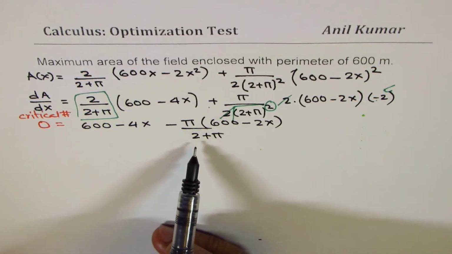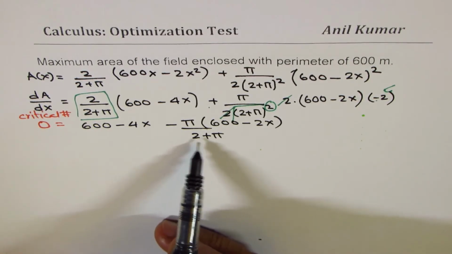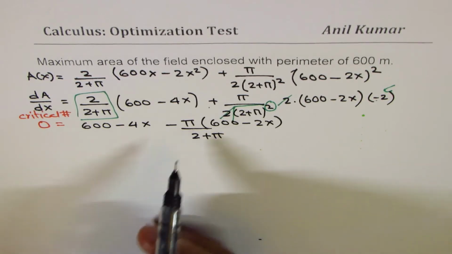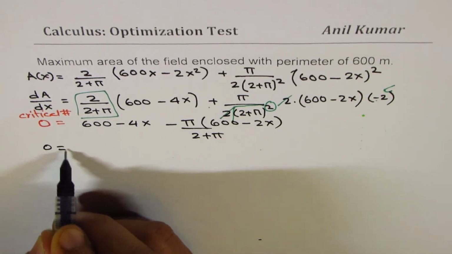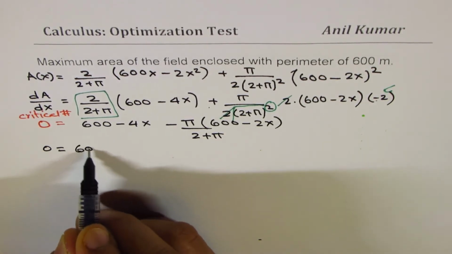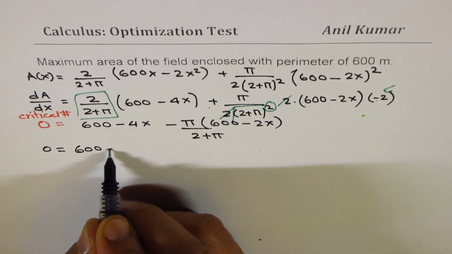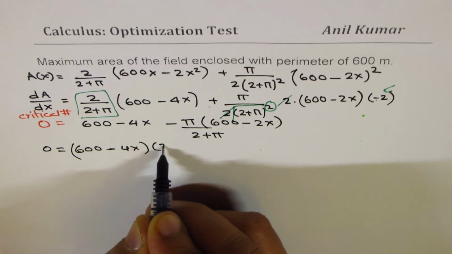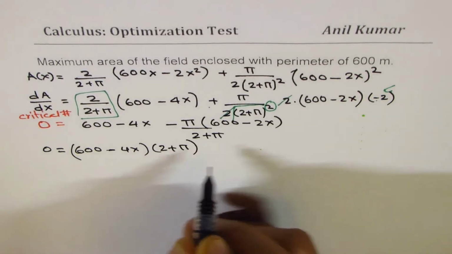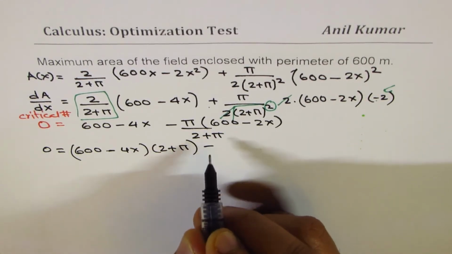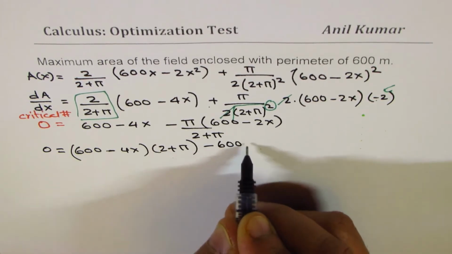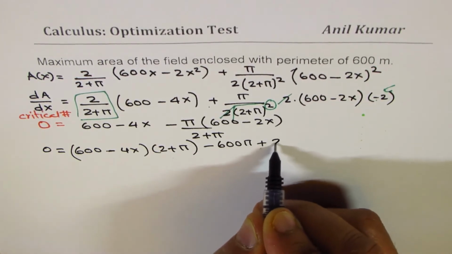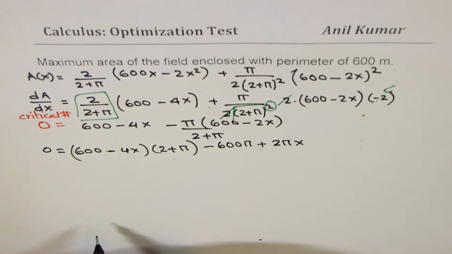Now, we'll multiply everything by 2 plus pi to just get a linear equation. So we get 0 equals 600 minus 4x by 2 plus pi. And we have this term here, let's open this up, minus 600 pi plus 2 pi x.